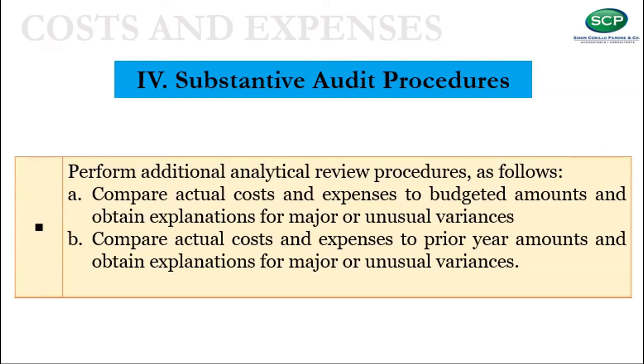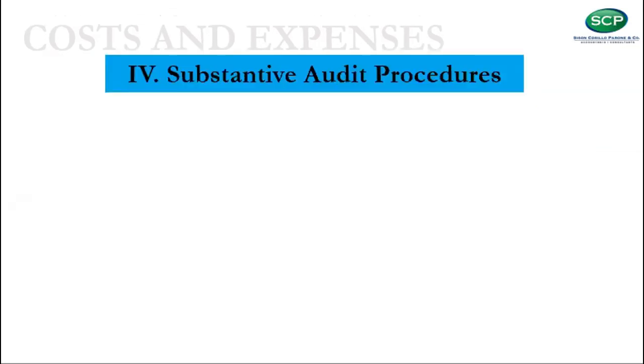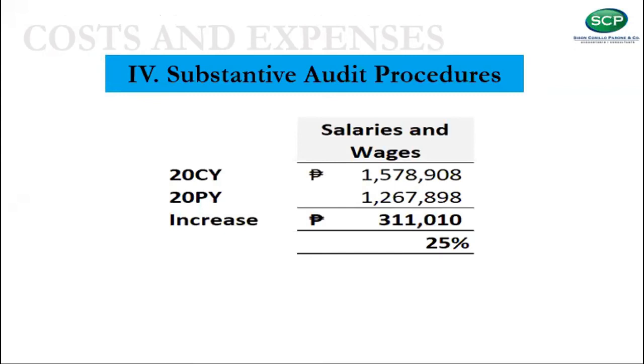So for example, let's say we noted an increase in salaries and wages from 1,267,898 pesos in the prior year to 1,578 pesos this year for an increase of 311,000 pesos or a 25% increase.